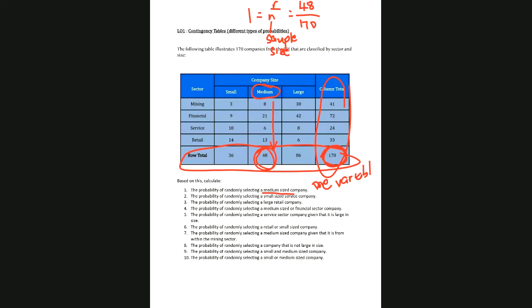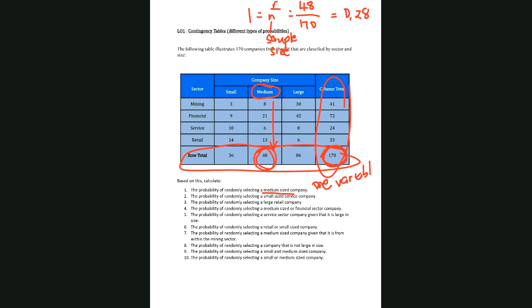And most of the time, we require you to give these answers as 2 decimal places or alternatively as a percentage. So I'm going to leave it as 2 decimal places because it's the more commonly used one. So here it would be 0.28 as your final answer.